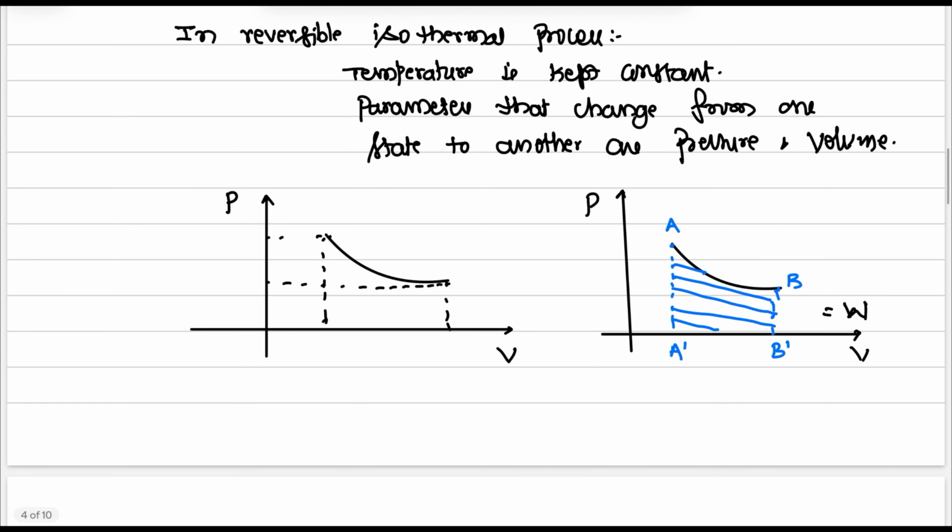we got the insight of the reversible isothermal process, and in general the equation of thermodynamics, the relation between work and heat, is controlled by delta Q. This is the heat, equal to internal energy change, delta U, plus work.